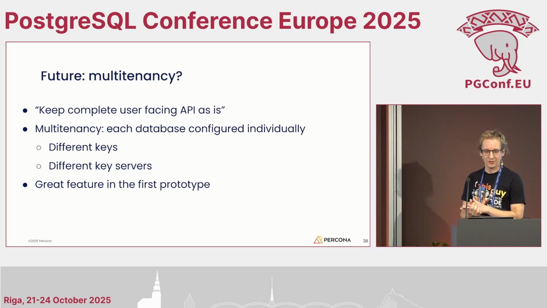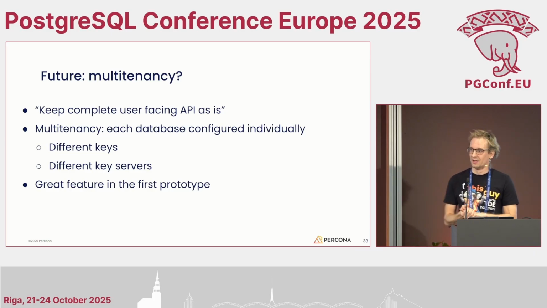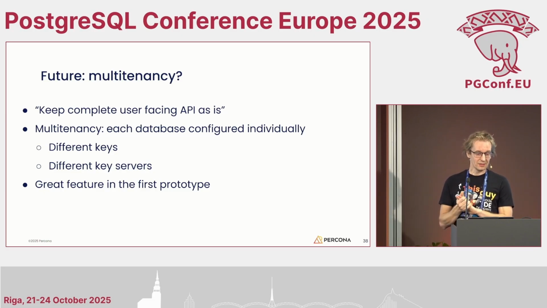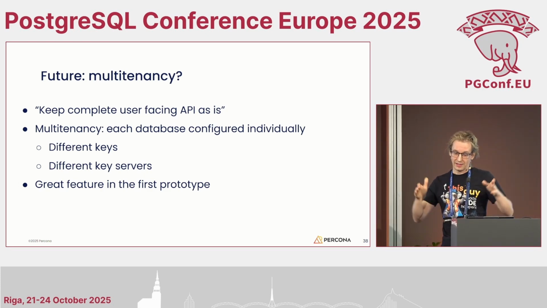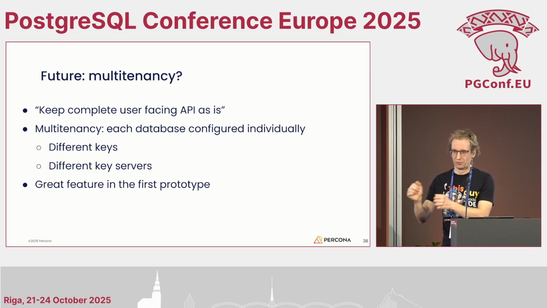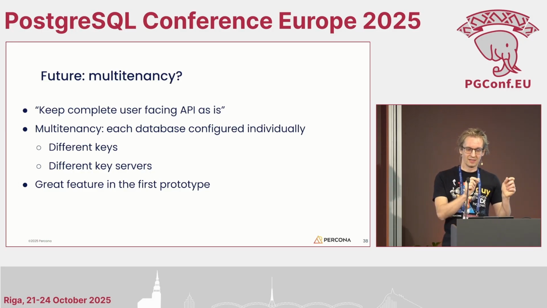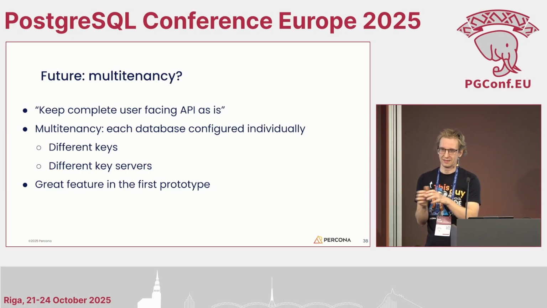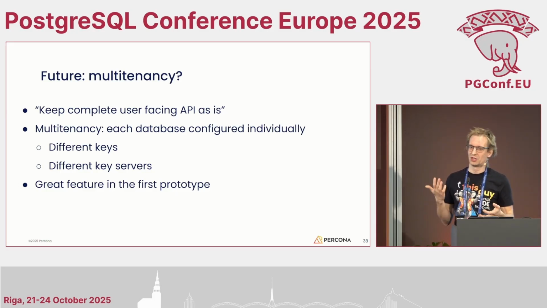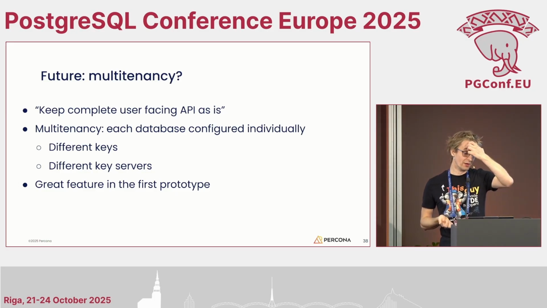We also have a question about multi-tenancy, because this was a really important focus in our original solution. We tried to implement things in a way so that we keep everything in an extension, everything within a database, and every database owner in a Postgres installation can set up encryption completely differently and independently, which is ideal for shared hosting and similar situations.